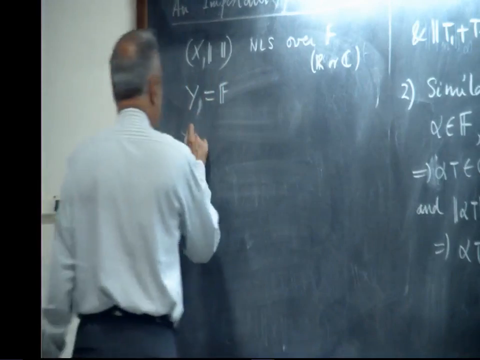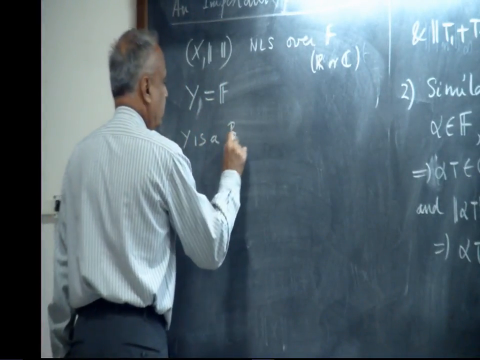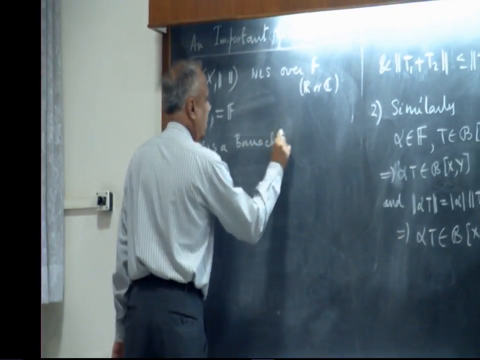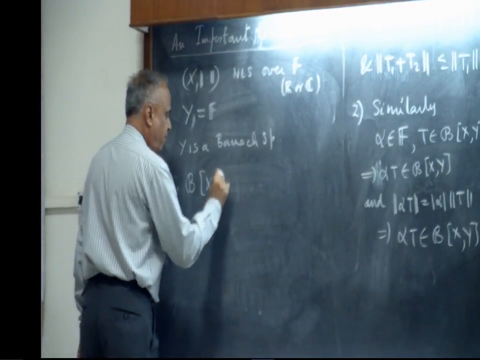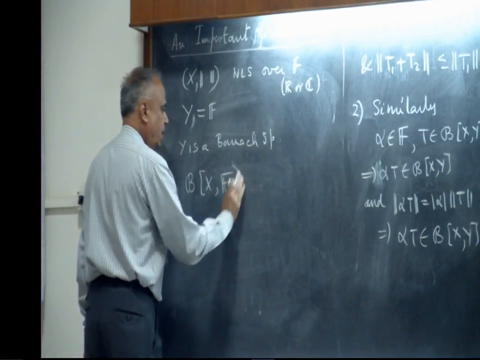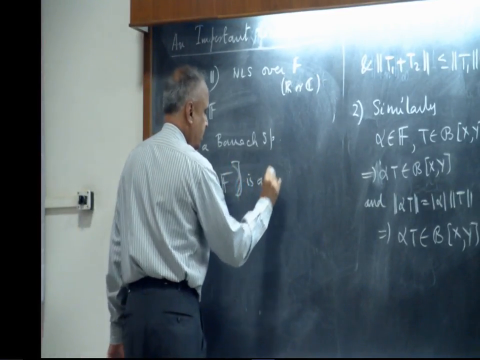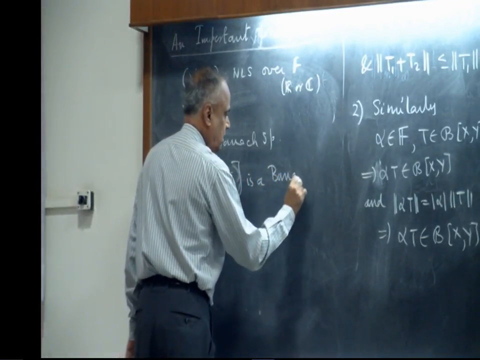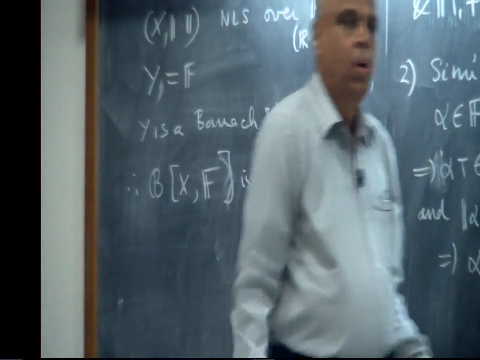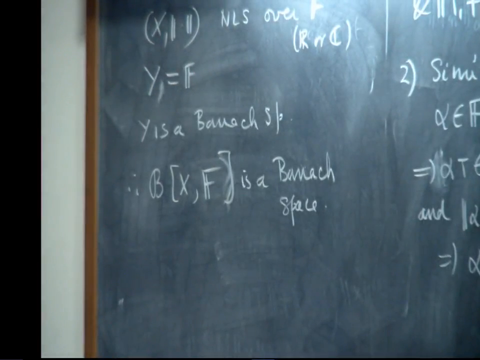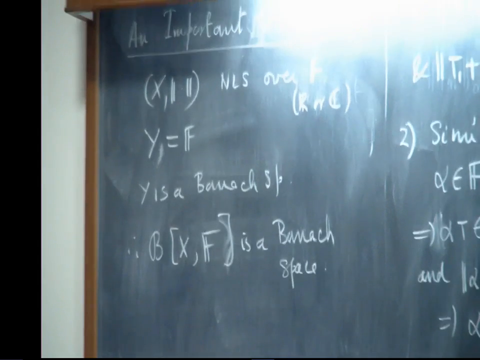So, Y is a Banach space, and therefore B(X,F) is a Banach space. So, what is meant by B(X,F)? It is a linear transformation. It transforms every vector to a number.